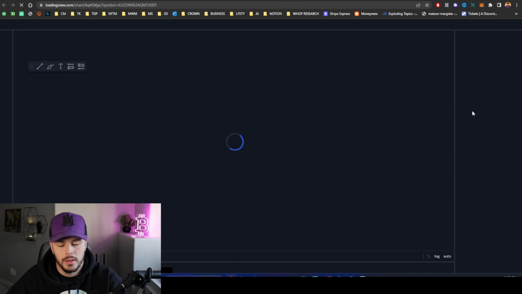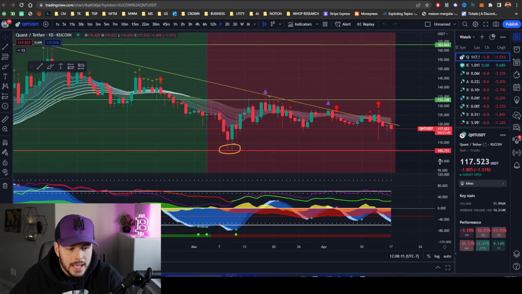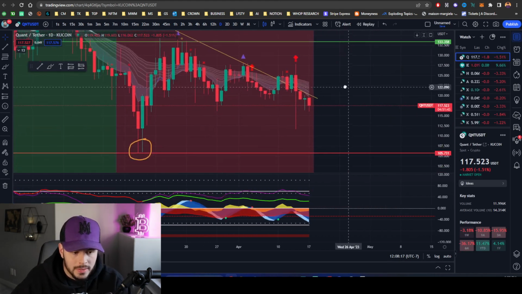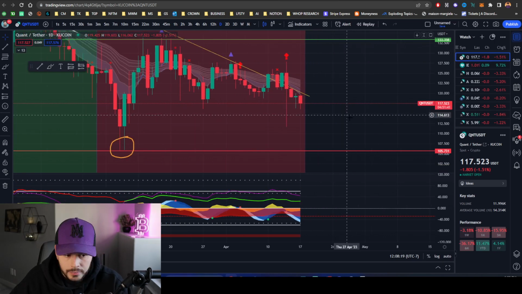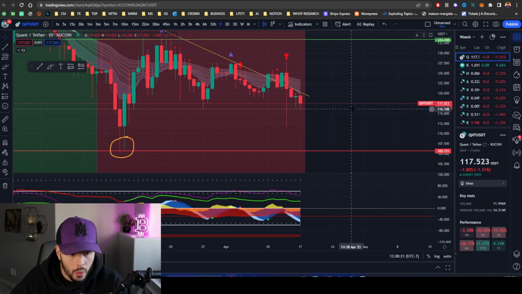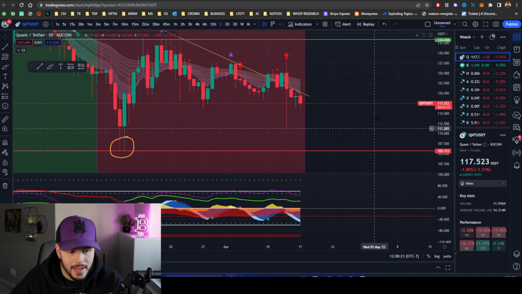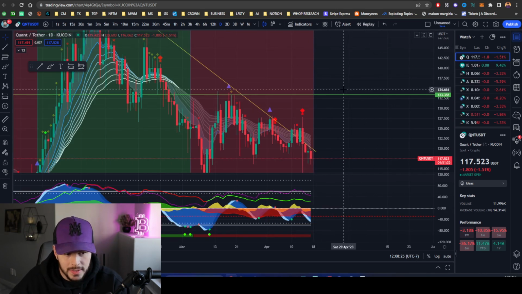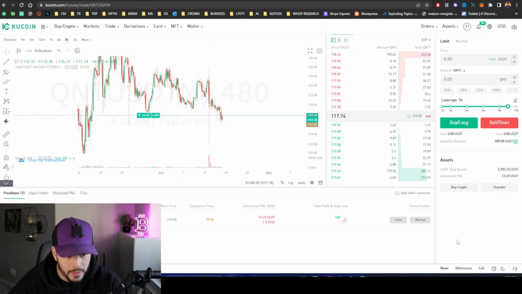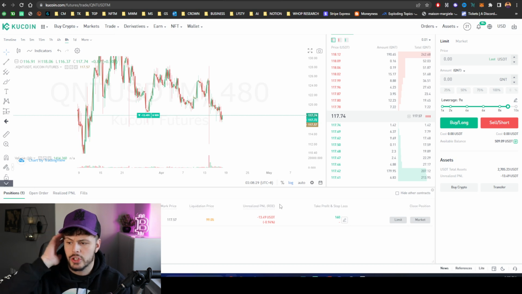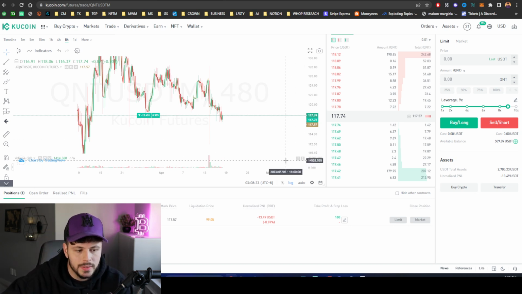And this is where the Discord comes in handy because we tell you some good entry points. But right now, you could put in a long on Quant and you'd be in at 117 and then boom, once it gets up here, you're deep in profit. Okay, but be careful with leverage trading, right? Don't use money you can't afford to lose.